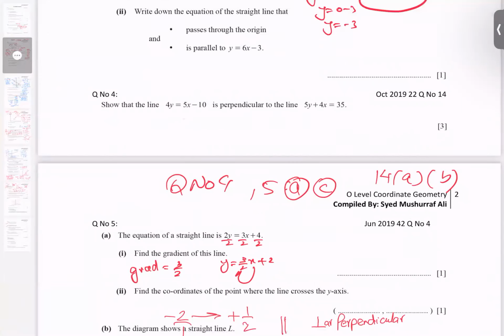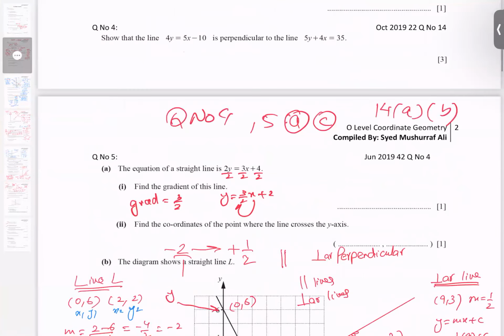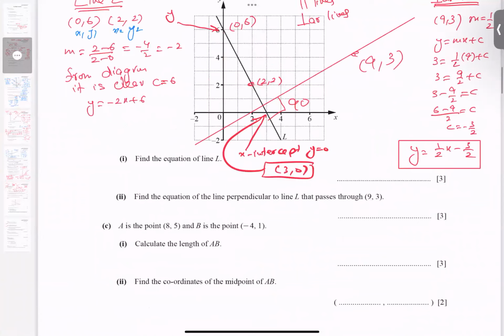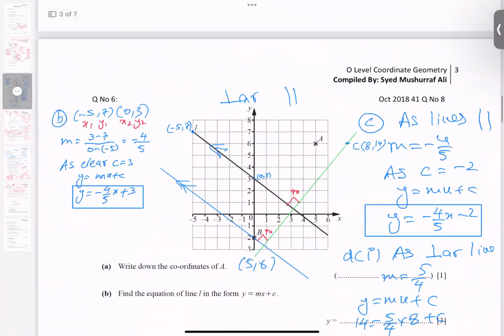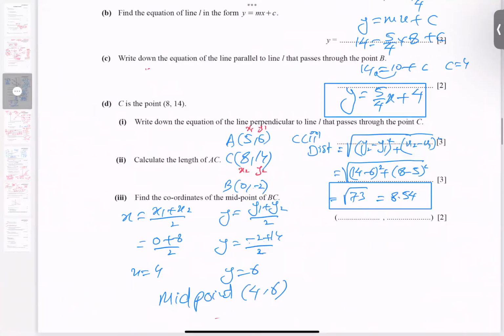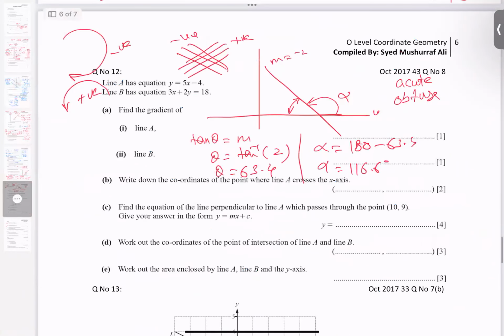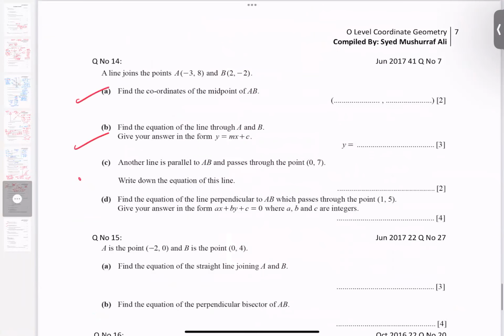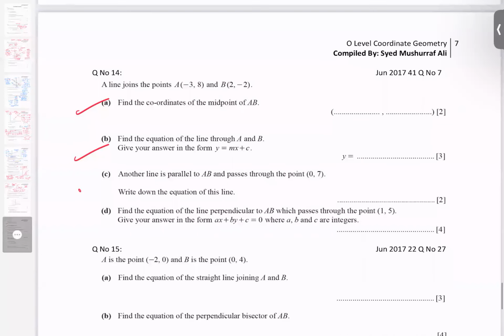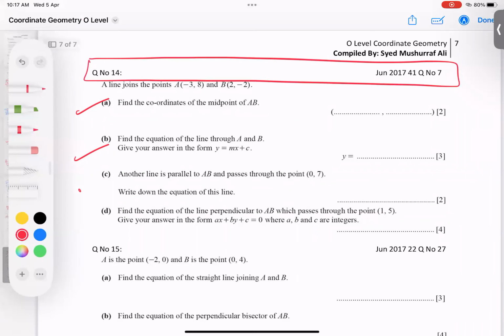It is June 17, 41, question number 7. It means in the worksheet, question number 14 is available on the YouTube channel. This full question 14 is your homework number 1.